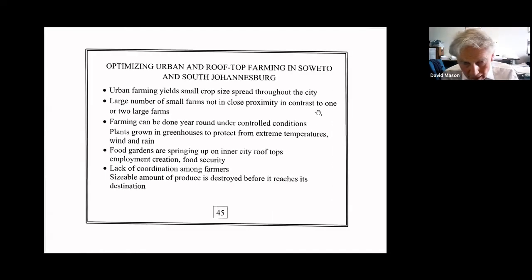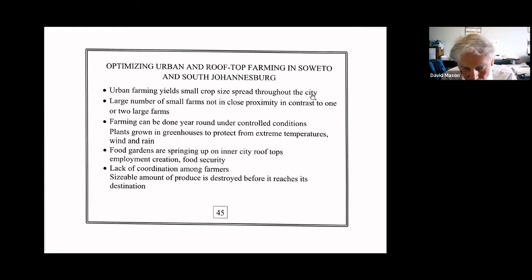So I'd like to discuss an optimization problem now, because we haven't talked about optimization. And this was optimizing urban and rooftop farming in Soweto and South Johannesburg. Now, the difference between urban farming and conventional farming is that you've got small crop size spread throughout the city.